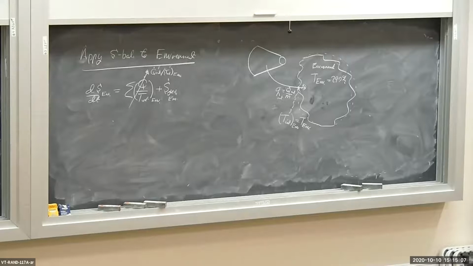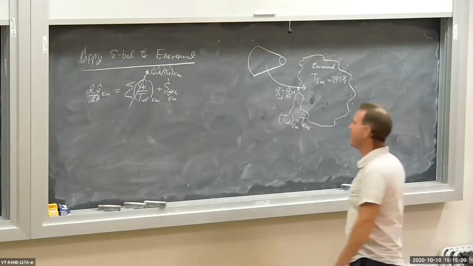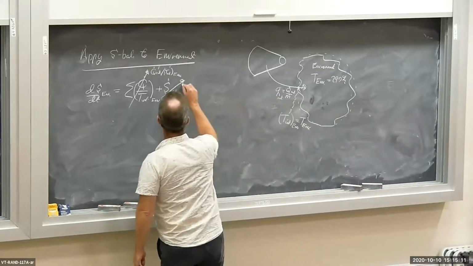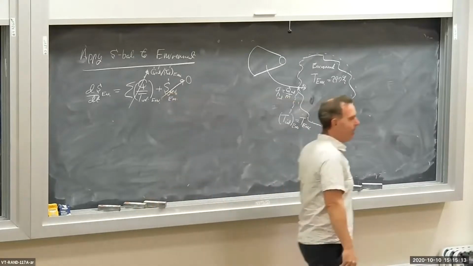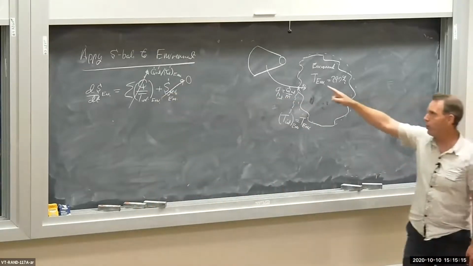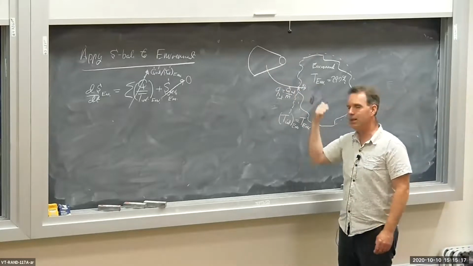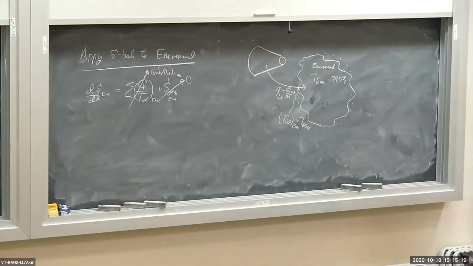So I think it's a pretty good assumption that we're going to neglect any irreversibility associated with the running of the nozzle in the environment. I'm really interested in what's happening because of the nozzle. What's happening to the environment due to the presence of the nozzle?